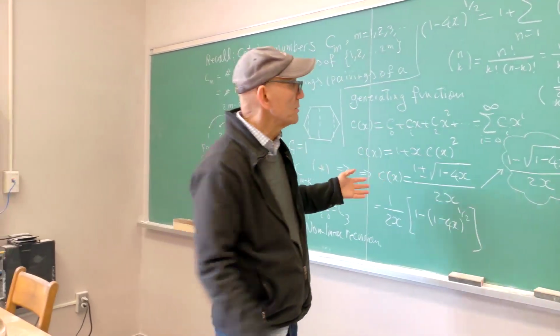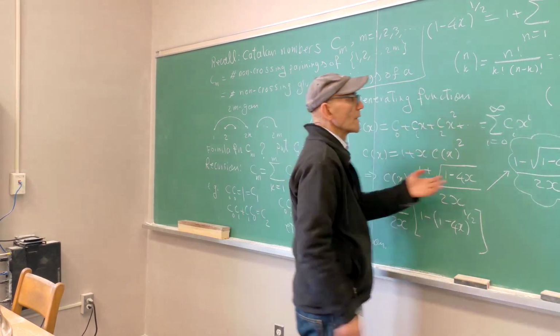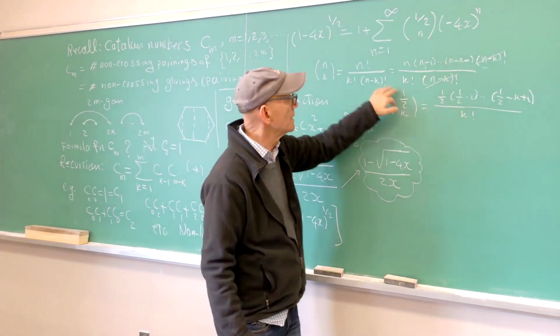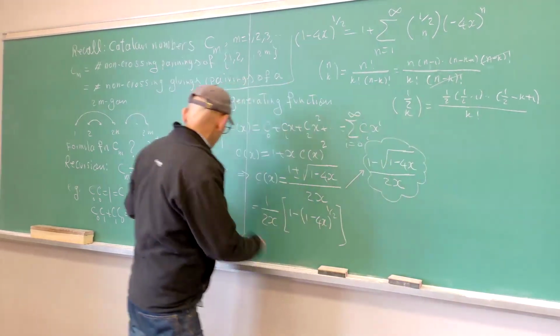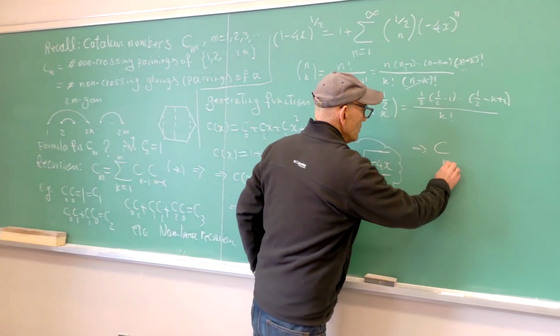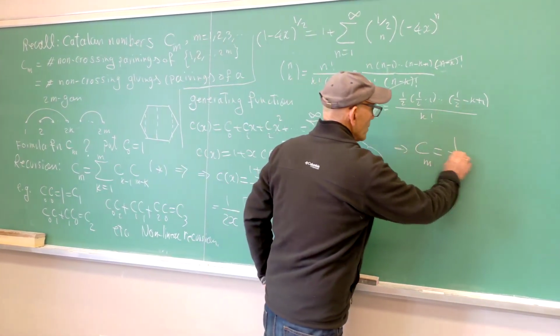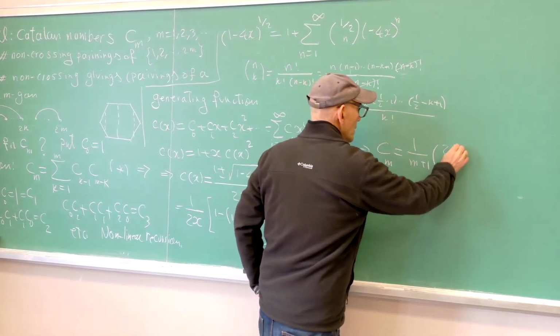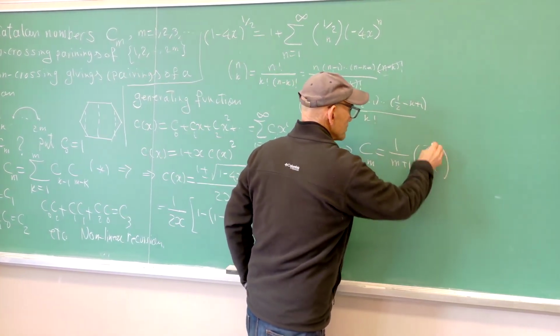Okay, so then you can just get the formulas here, write this down, and then get the formula. You get that finally C_n equals 1 over (n plus 1) times (2n choose n).